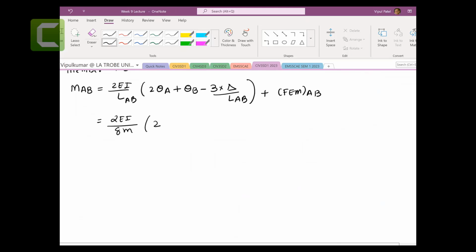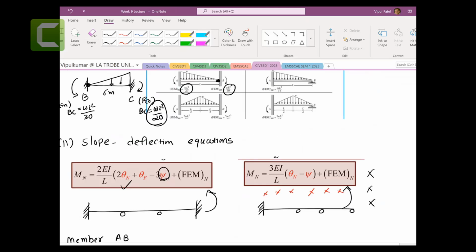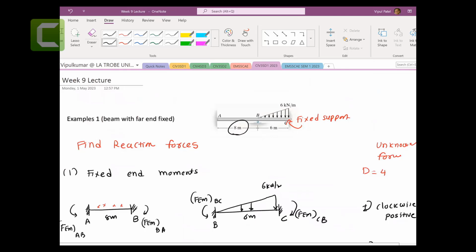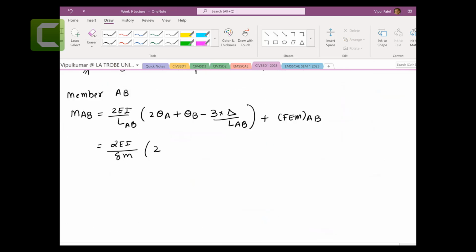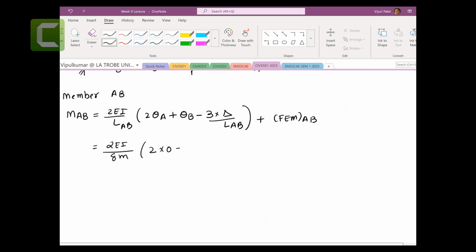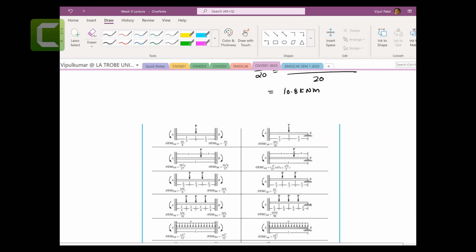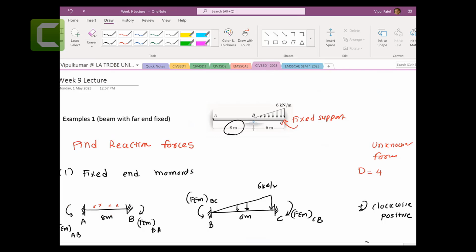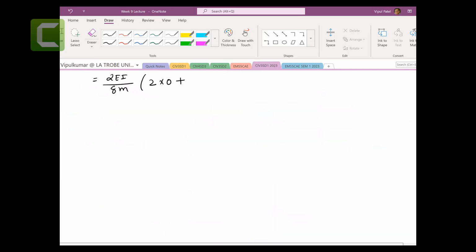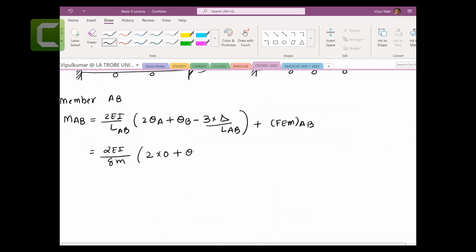2 theta A is 0. You can see from kinematic indeterminacy that theta A is fixed, so there is no rotation at A. So theta A is 0. Theta B, there is a rotation because you already calculated the kinematic degree of indeterminacy. You remember that. So theta B is an unknown value. Minus 3, there is no settlement, so that displacement is 0.